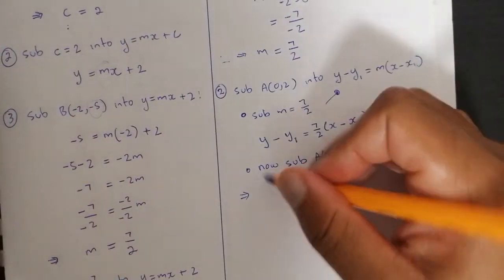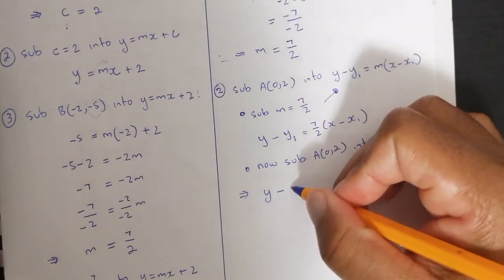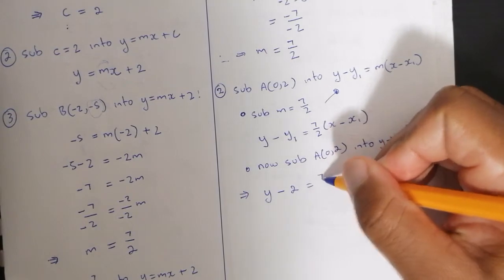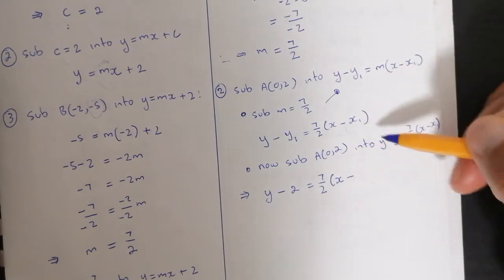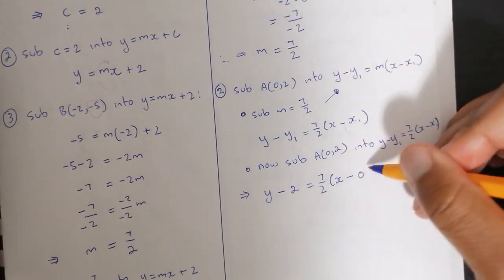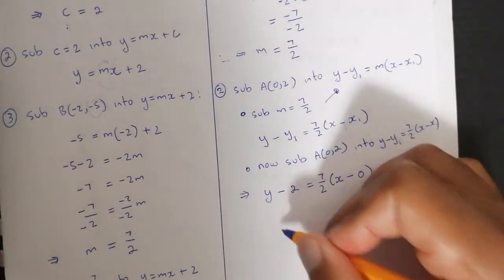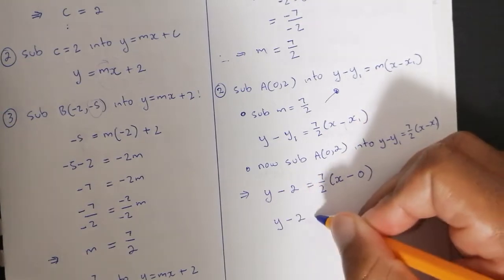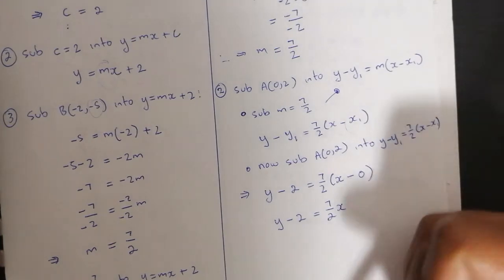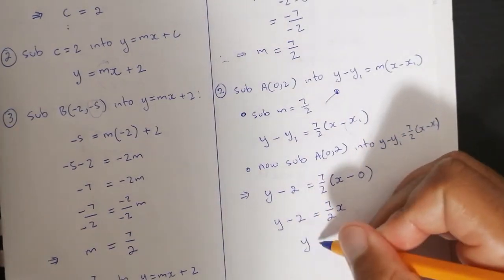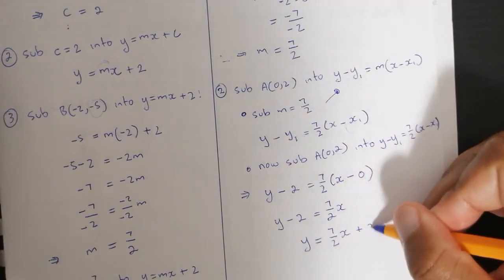That gives us y minus, so for y1 we're going to substitute 2, and then we have 7/2 x minus, and then for x1 we're going to substitute 0. Now once we have that, we have y minus 2 equals 7/2x, and then 7/2 times 0 is 0, so that's cancelled out, and then we have y equals 7/2x plus 2.